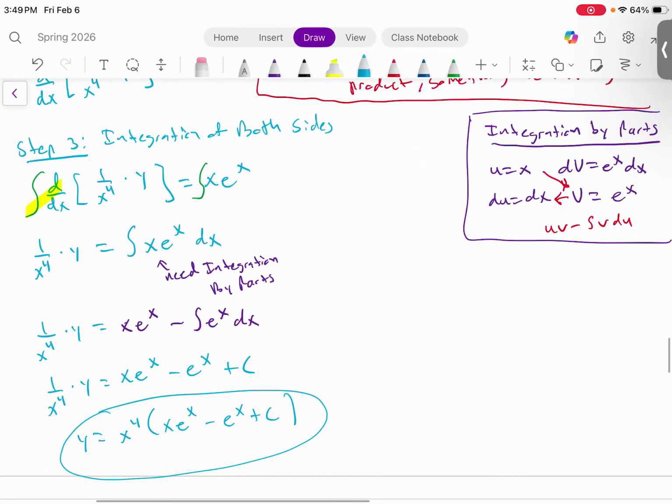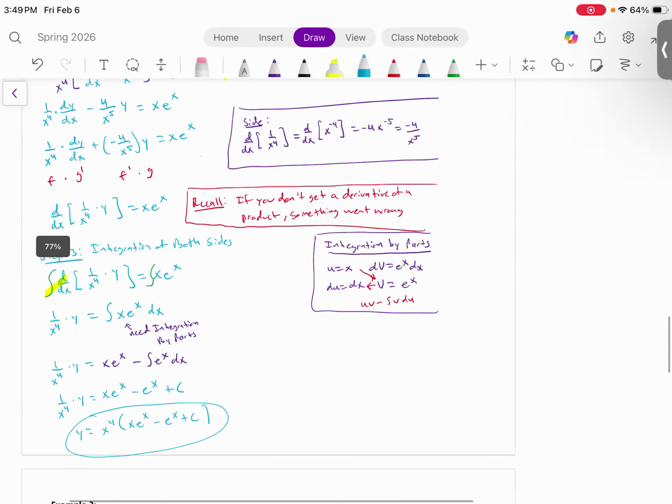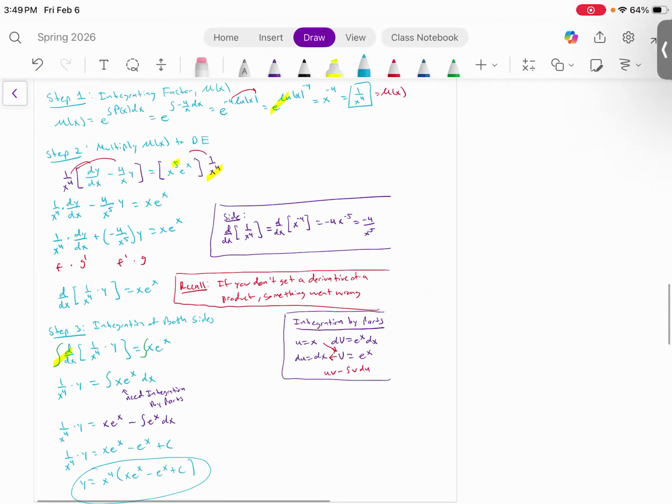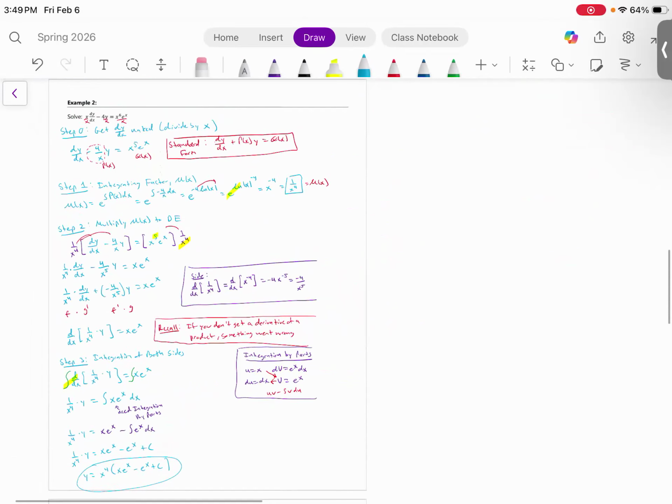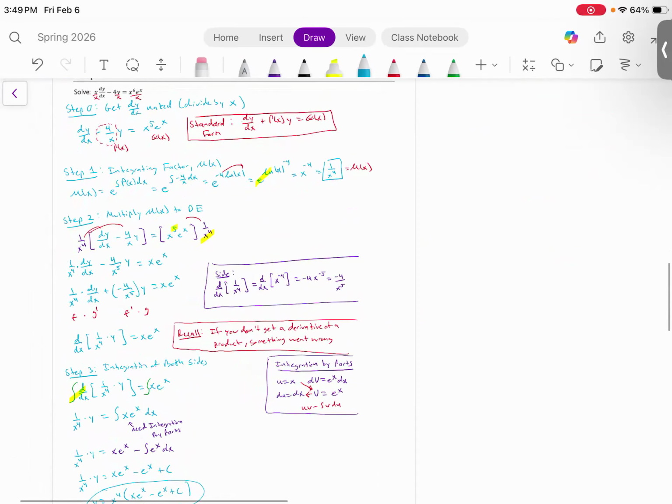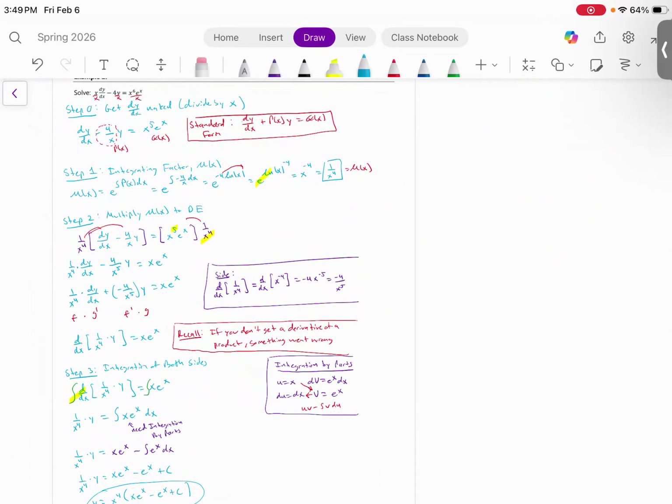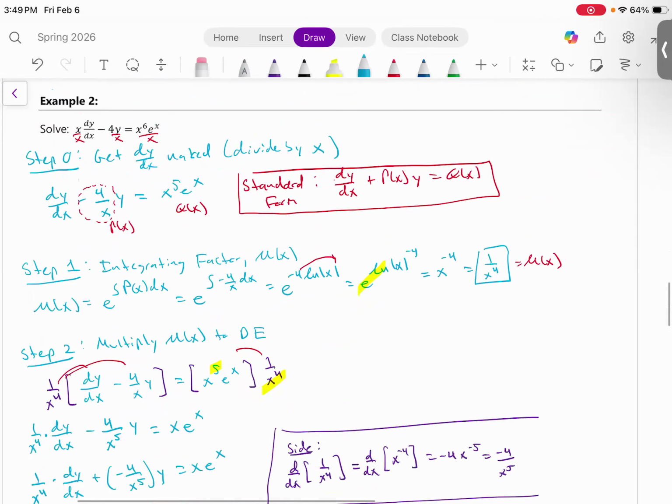Okay, so that's how we would do this linear equation. That's how we would solve it. Same three steps. We need to isolate dy over dx.